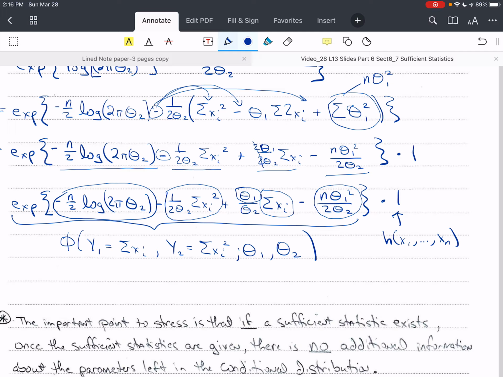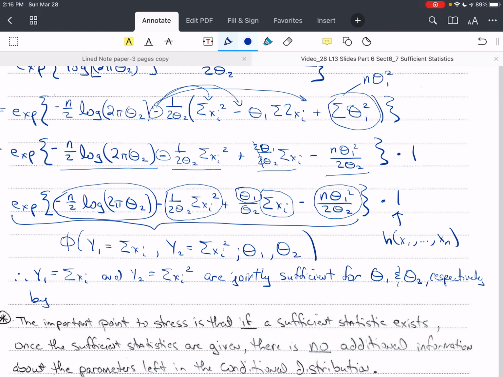And so, therefore, y1 equals the sum of x_i, and y2 equals the sum of x_i squared are jointly sufficient for theta 1 and theta 2 respectively by the multivariate, MV is multivariate, factorization theorem. Okay.